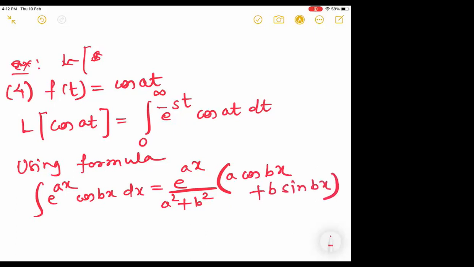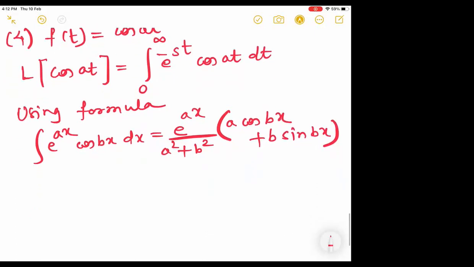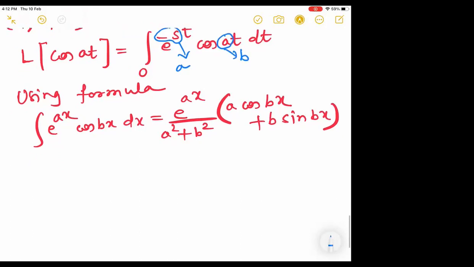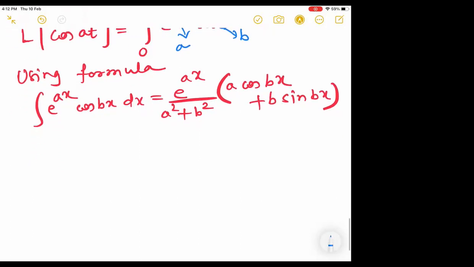This is the formula. So in our case, now identify what is a and what is b. So once again, this minus s is nothing but your a, and this is your b. So just replace them and write down the result.